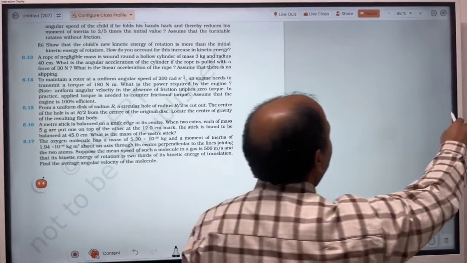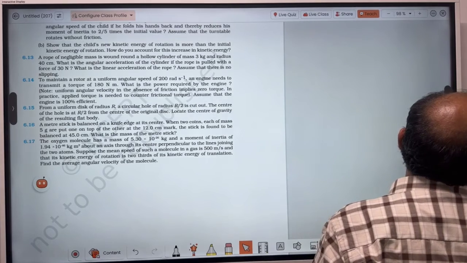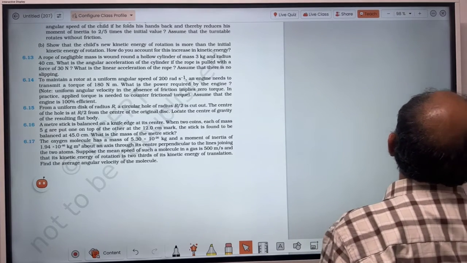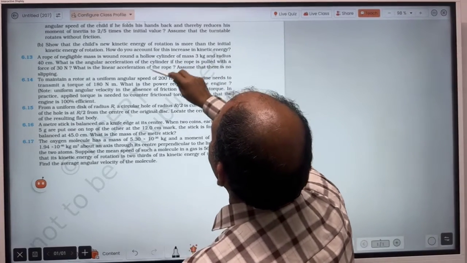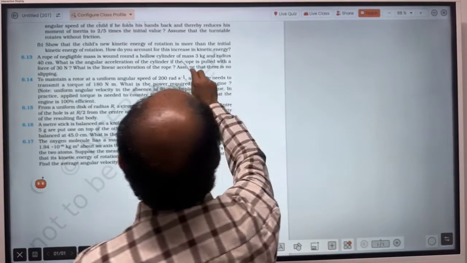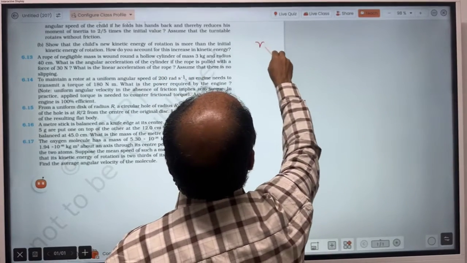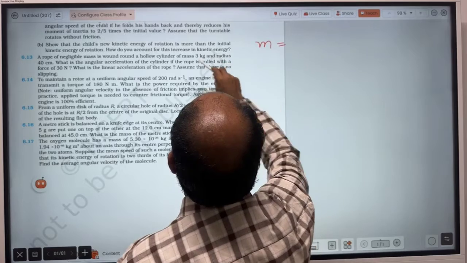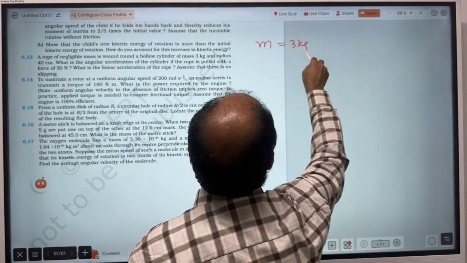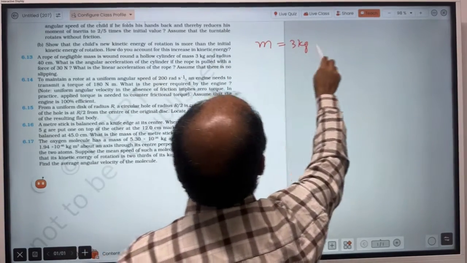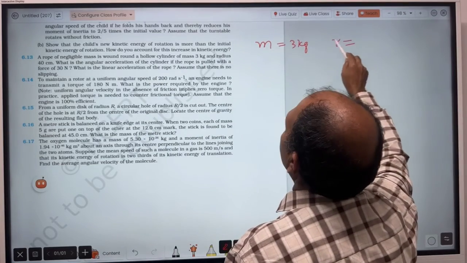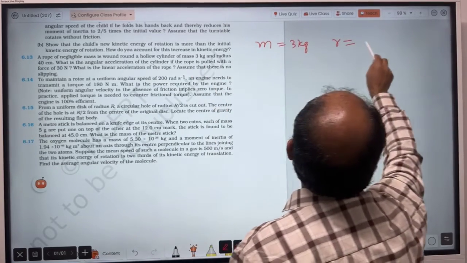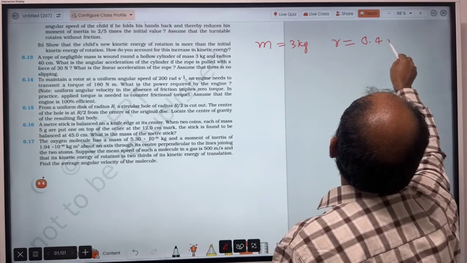So here we would like to discuss the concepts that we are going to make use of. The first thing, mass is given as 3 kg and radius is given as 0.4 meter.